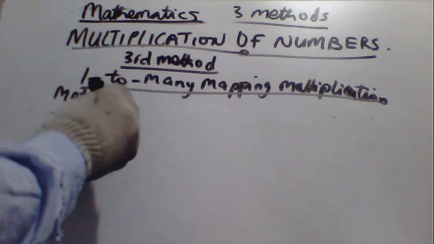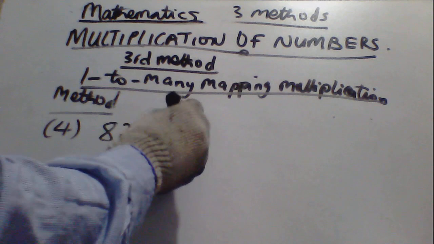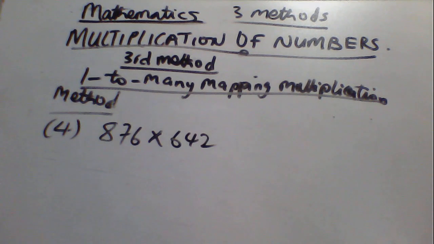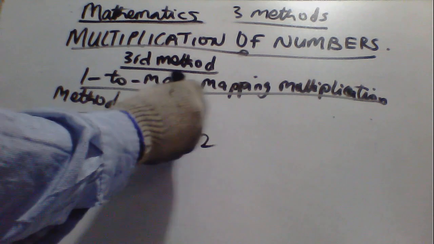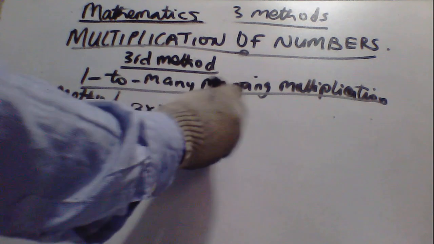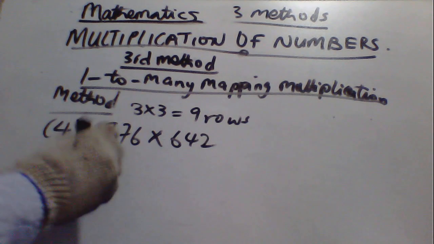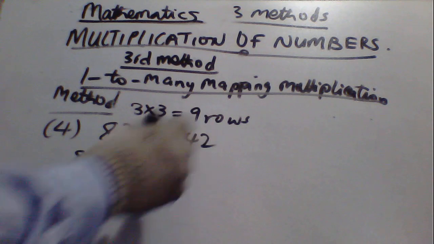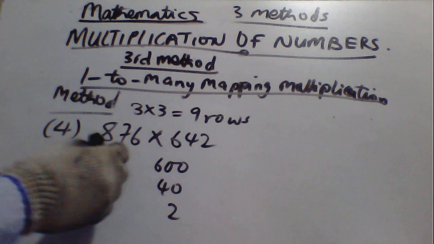You are given 876 multiplying 642. This one will be a bit longer. So the total rows will be 3 times 3. We have 9 rows. So start printing according to each group. Here we have 800. There are 3 here: 600, 40, and 2. So this will map to this 3.